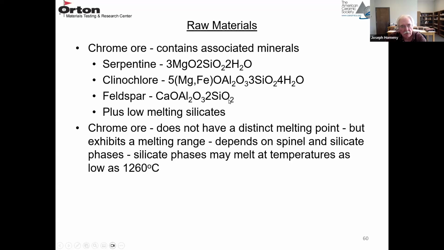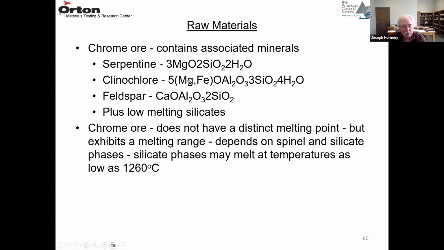But chrome ore also contains quite a few impurities. So these are the major impurities: serpentine, which is a hydrated magnesium silicate, 3MgO, 2SiO2, 2H2O, and clinochlor is 5MgFeO.